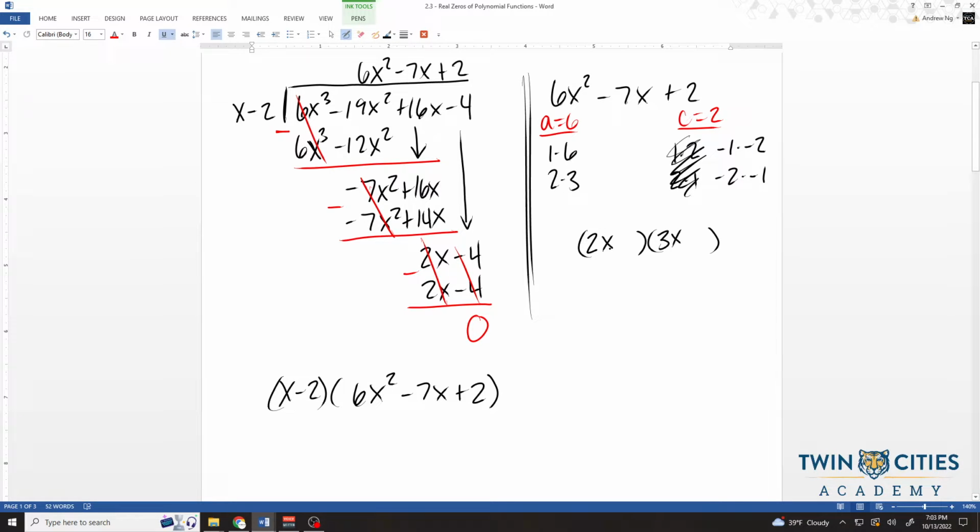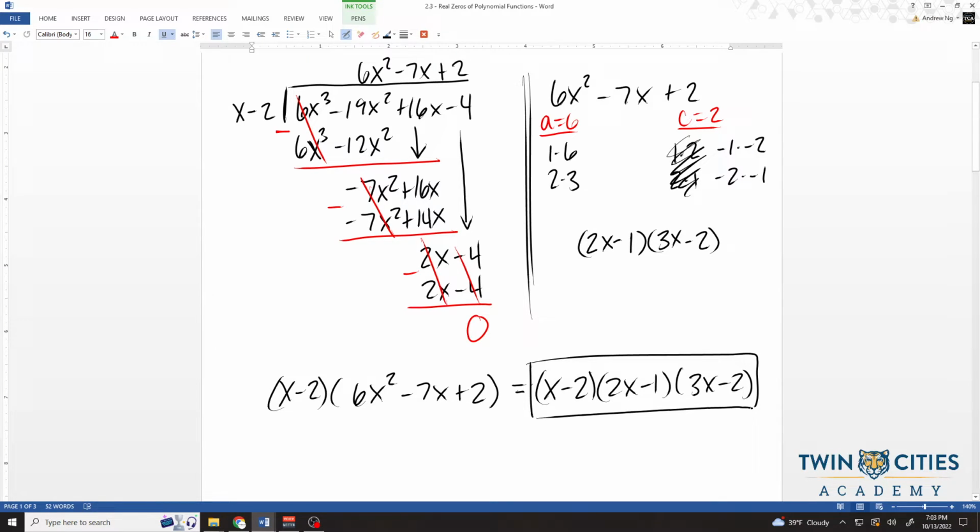So 2x will go on the left side, 3x will go on the right side, and then negative 1 and negative 2 will go to the left and right, respectively. So this is the same as saying x minus 2 times 2x minus 1 times 3x minus 2. And now this polynomial is factored completely.